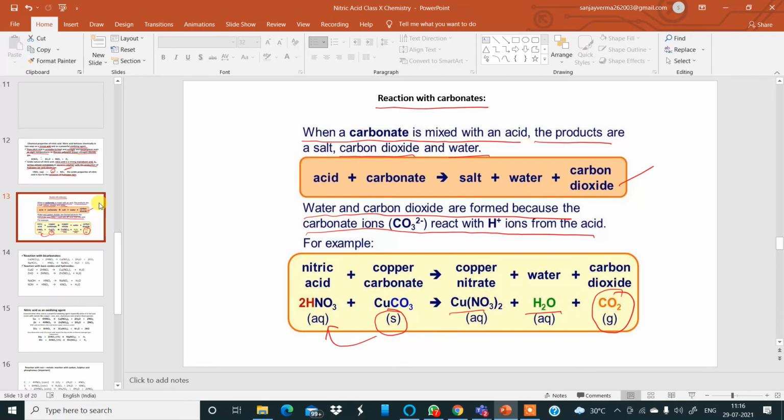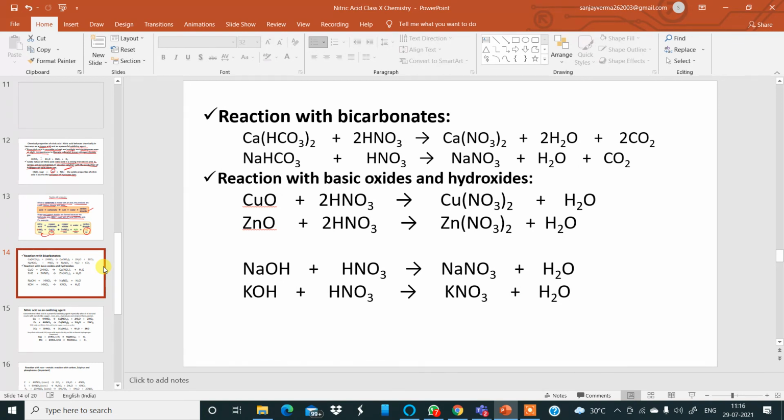Now moving to the next slide in this chapter with regard to the chemical properties. If you see reaction with bicarbonates over there, examples of bicarbonates: calcium bicarbonate, sodium bicarbonate. When they react with dilute nitric acid, you obtain a salt, water and carbon dioxide. If it is calcium bicarbonate, you get calcium nitrate. If it is sodium bicarbonate, you get sodium nitrate, and then there is water and carbon dioxide.